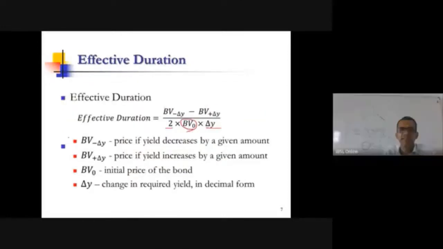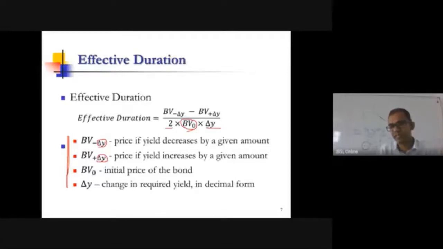So these definitions are valid even for the convexity equation. BV minus delta y is the price if yield decreases by a given amount. The delta y is the given amount, the same amount plus and minus. We change the yield by the same amount. Can you remember in the previous example, I used plus 0.25% and minus 0.25%.